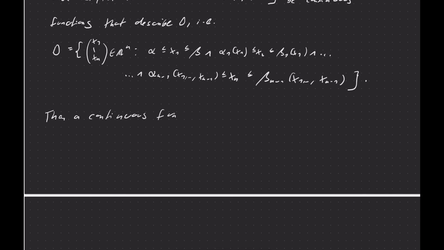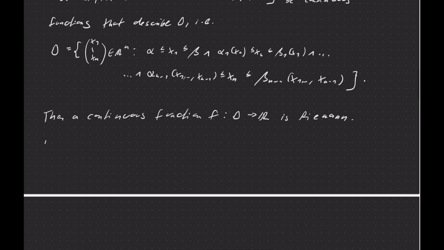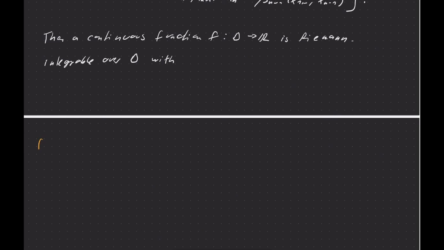Then a continuous function f defined on D, mapping to the reals, is Riemann integrable over D with, and that's the main result now, the result of that integral is the integral of f of x dx over D. Again, you start with the innermost integral by integrating over xn, and you have boundaries depending on x1 to xn minus 1, those alpha n minus 1, beta n minus 1.